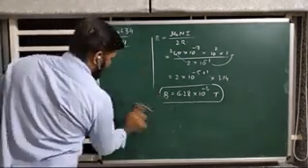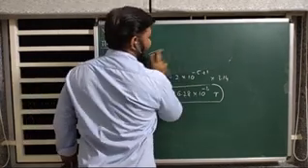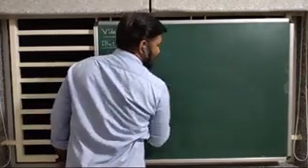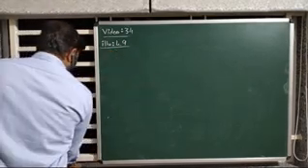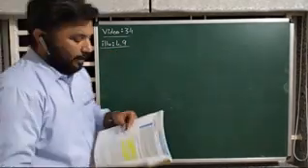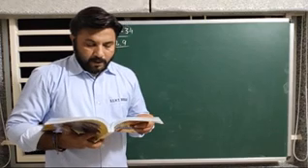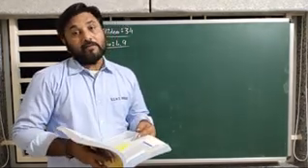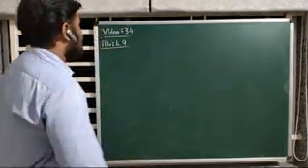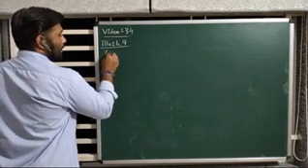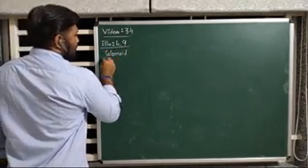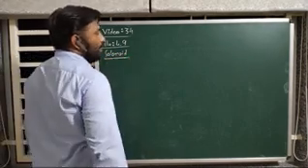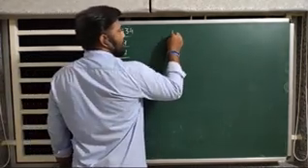What is given in 4.9? Take your textbook and try to read it. You have to write the analysis. So what is given in 4.9? A solenoid of length L. There is a solenoid, so straight away you have to write the equation of a solenoid. What was it?